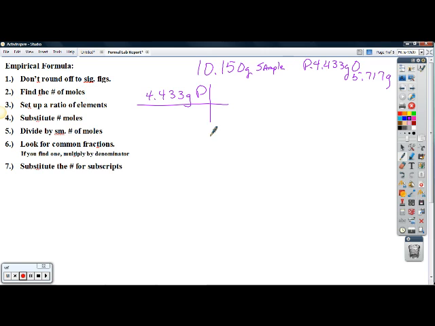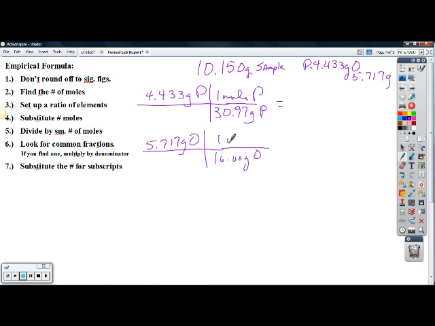What's the atomic mass of phosphorus? 30.97 grams phosphorus, 1 mole phosphorus. Somebody be calculating that. Now oxygen, I have 5.717 grams of oxygen, 16.00 grams of oxygen, 1 mole oxygen.